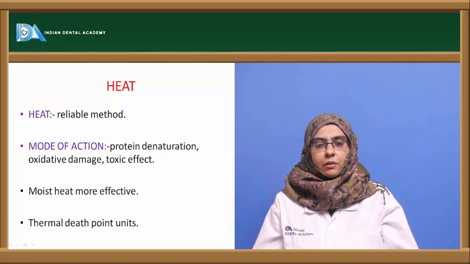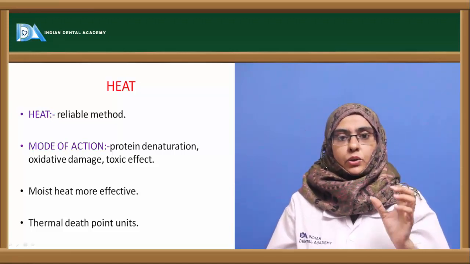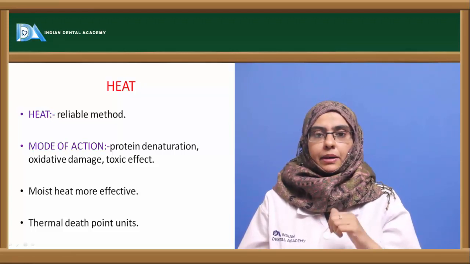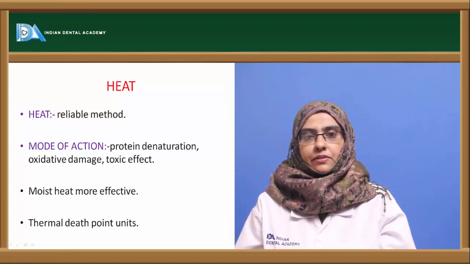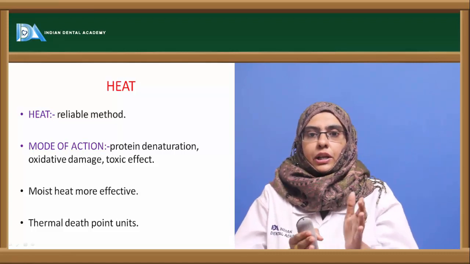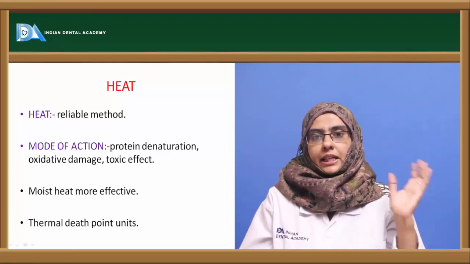That is the amount of time required to kill a suspension of microorganisms at a predetermined temperature in a specified environment. That is, you are killing a suspension of cells in a particular time at an already set temperature.